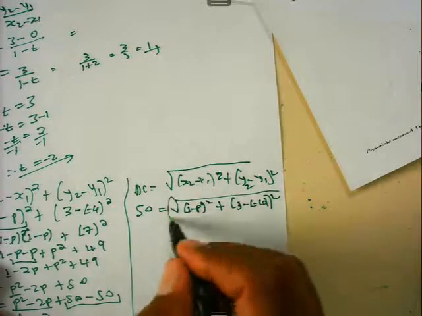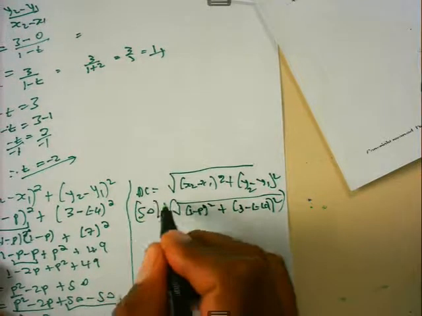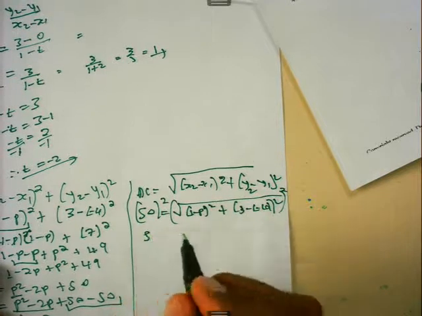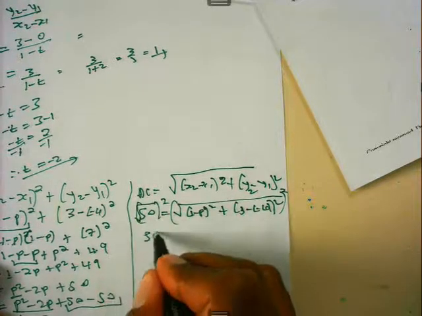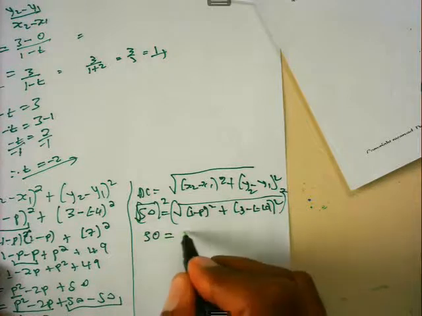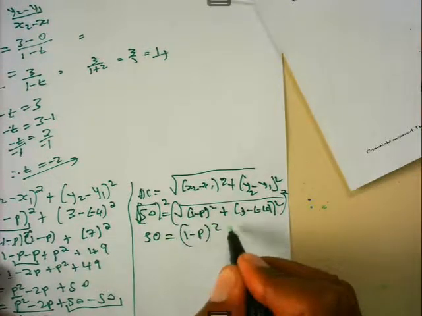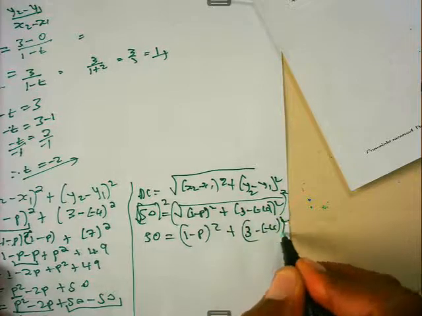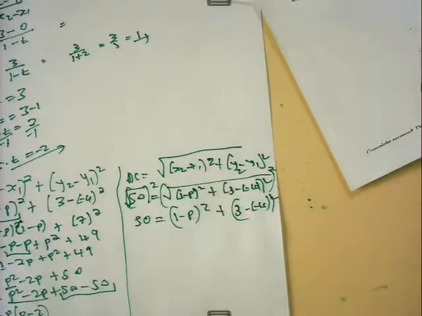Now the next step from here, you will have to square both sides, so that is the square root of 50. You can have 50 here is equal to 1 minus p all squared plus 3 minus 4 all squared. It means now you don't have that square root on the other side.